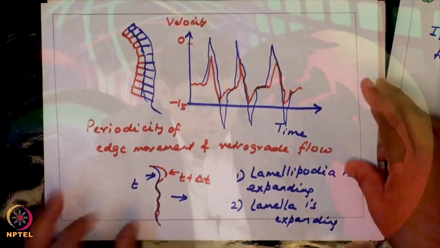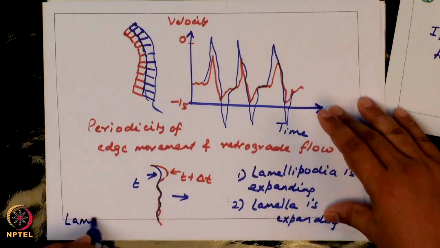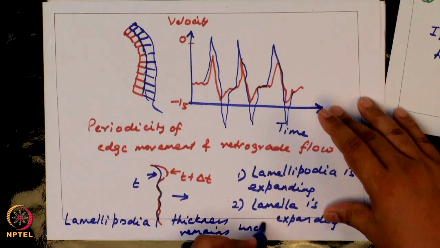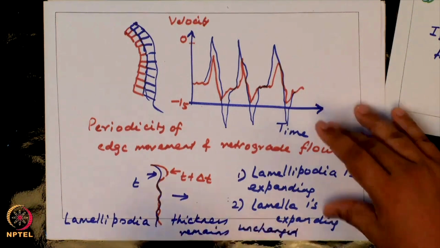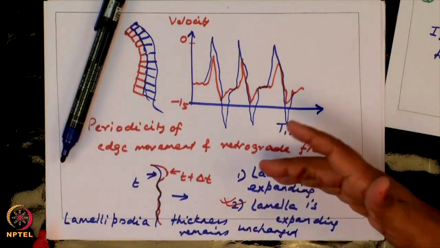So, what the authors found was the lamellipodial thickness remains unchanged. So, this would mean that the lamella is expanding and any local deformation is associated with edge displacement followed by expansion of the lamella.